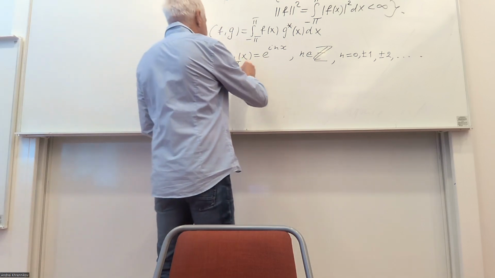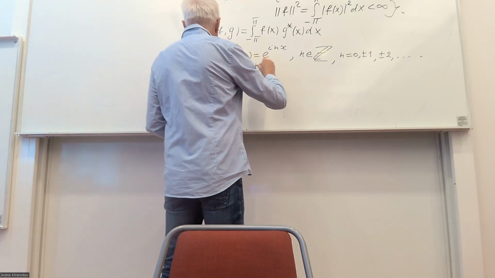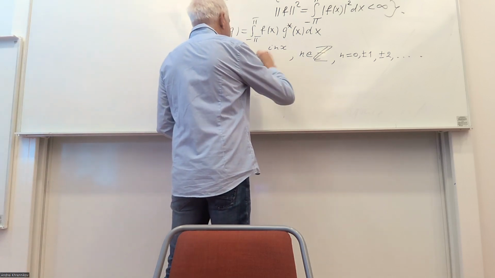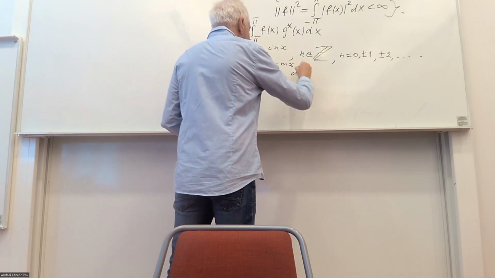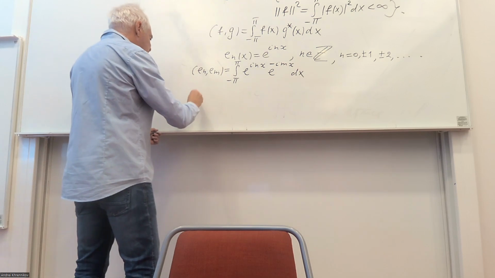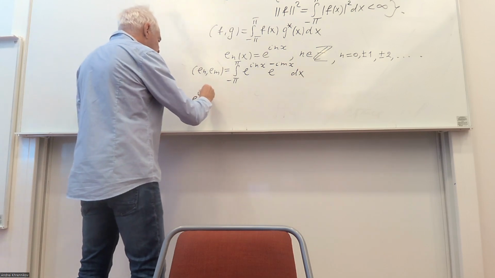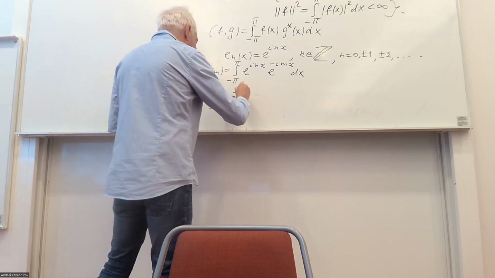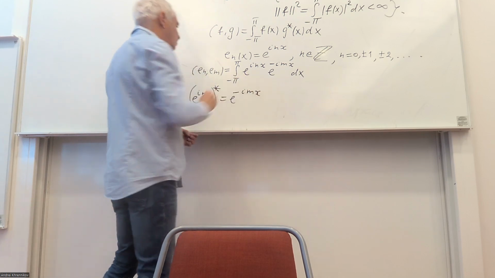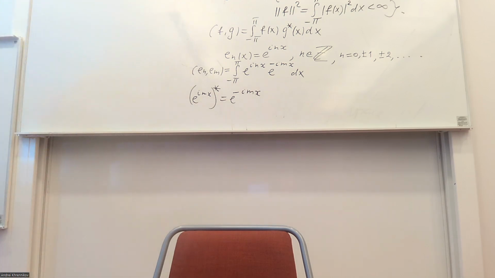So this is e^{inx}, and here is the bar, e^{-imx} dx. If you take the conjugate of e^{imx}, it is e^{-imx}. It was used because our scalar product involves this complex conjugate.